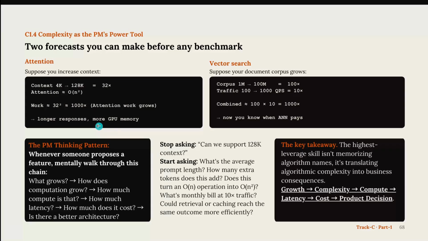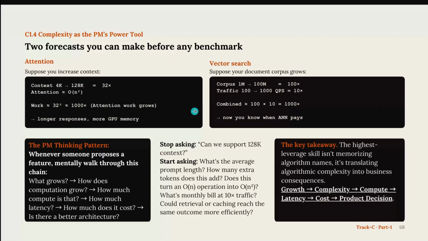Whereas in a vector search, when you're trying to do queries, you can now use ANN, approximate nearest neighbors, to combat the 1000x cost that you're incurring because your traffic has grown by 10x and your corpus has grown by 100x. Now these are the forecasts that we are making, based on the data that it's growing.